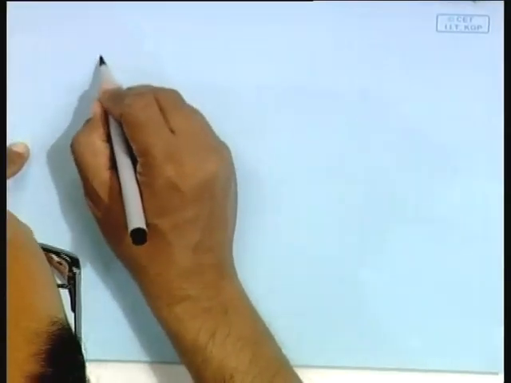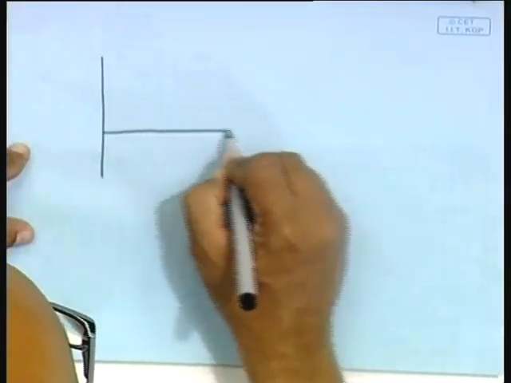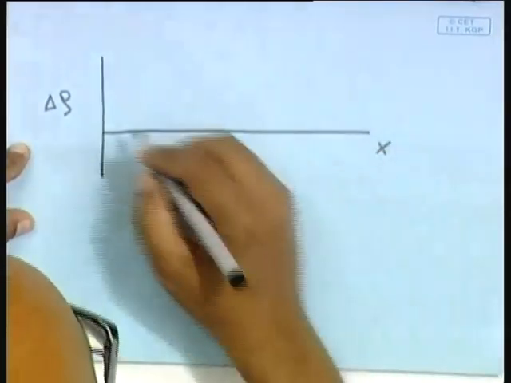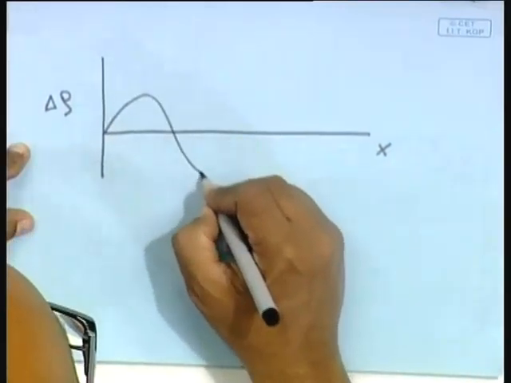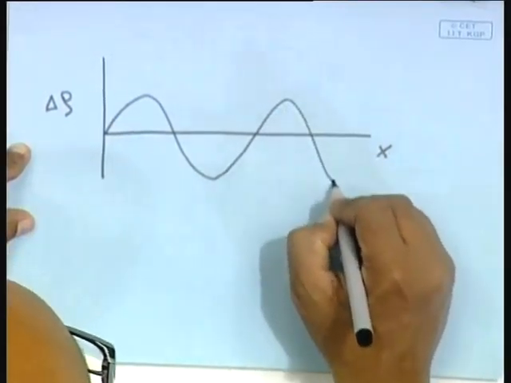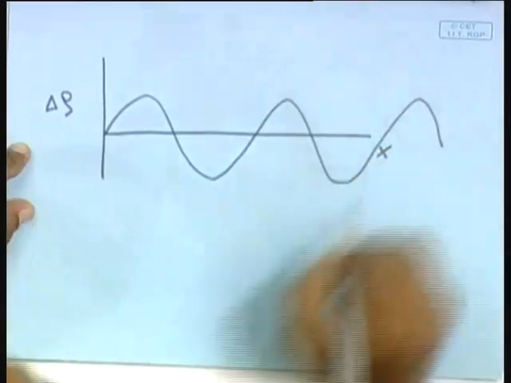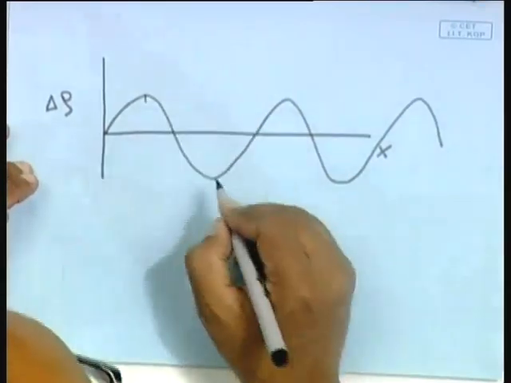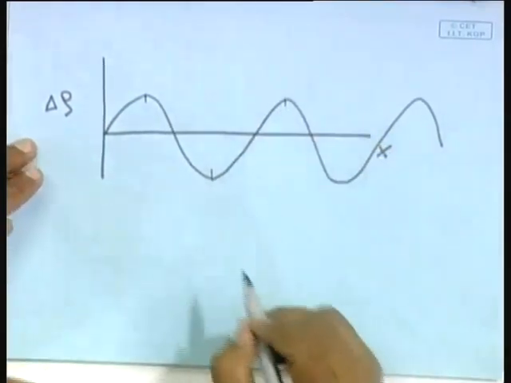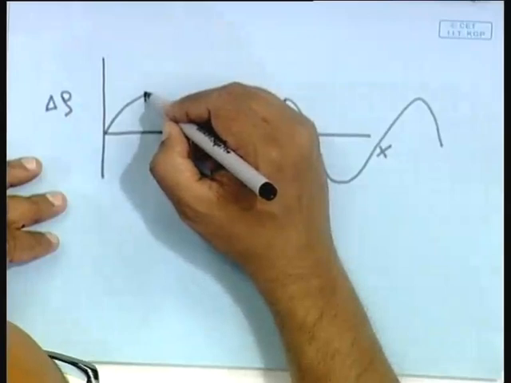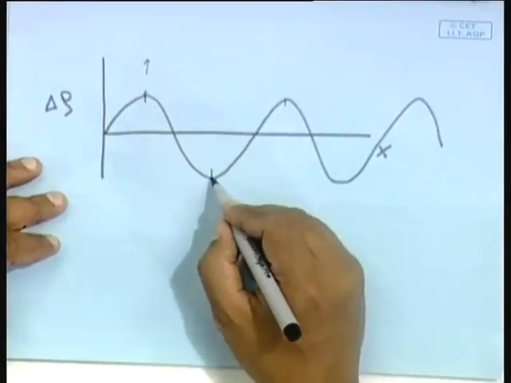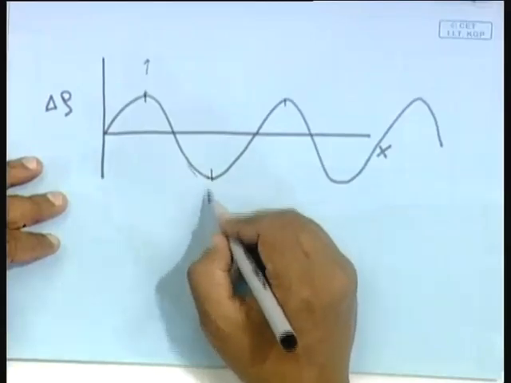So this is delta rho, this is x, and this is what the perturbation of a certain mode, a certain value of k, looks like. Now this is an overdense region, this is an underdense region, overdense, underdense. So what is going to happen is that the density fluctuation here is going to grow, the density here is going to approach 0.